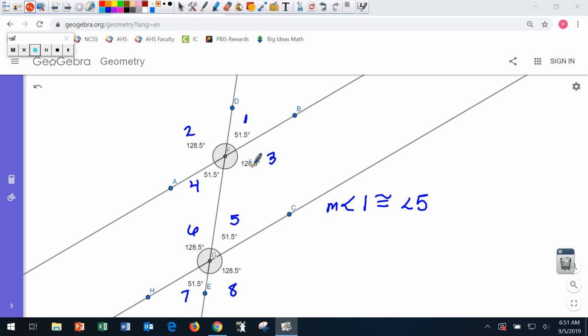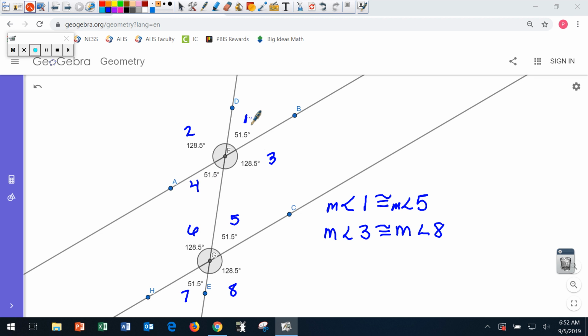If I go to angle 3 and look at this one down here, I can say the measure of angle 3 is congruent to the measure of angle down here, 8. There are also some special names for these angles.